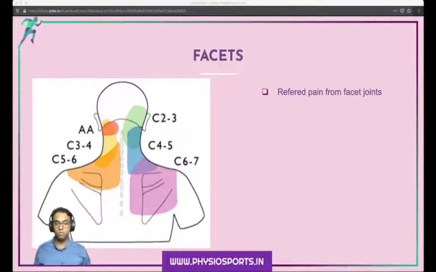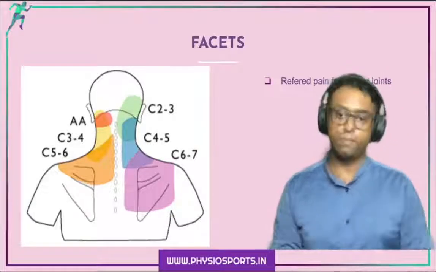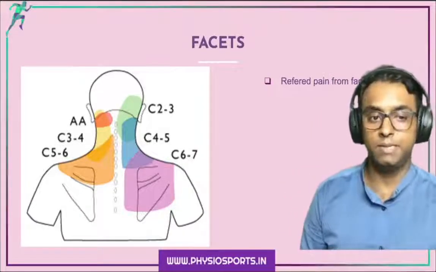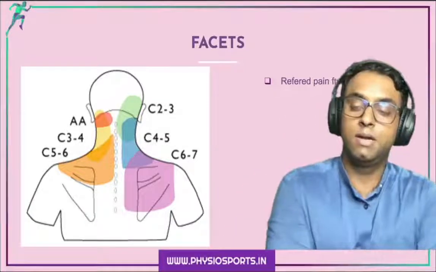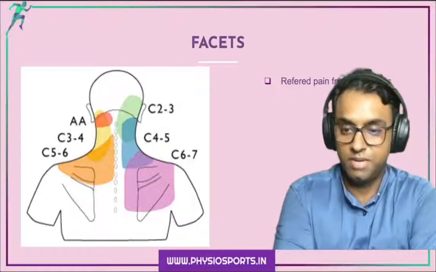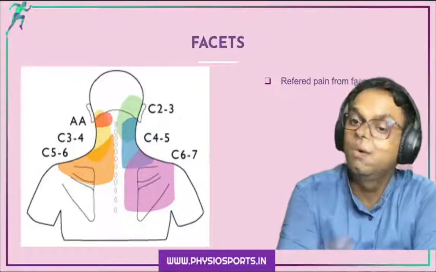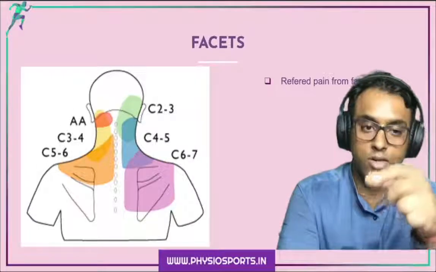Specifically, the orange spot denoted by AA refers to the pain pattern from the atlantoaxial facet. So in many patients with unilateral headache at the precise location of AA, you can suspect the cause of pathology from the atlantoaxial joint.